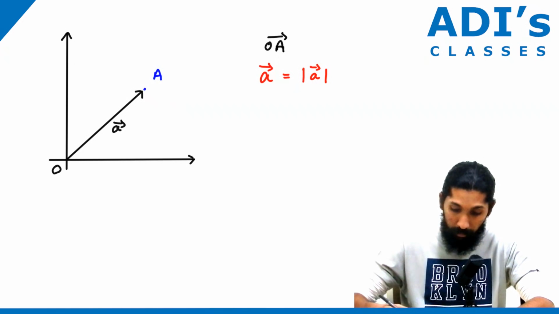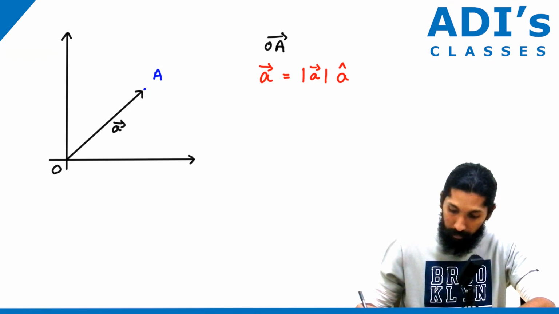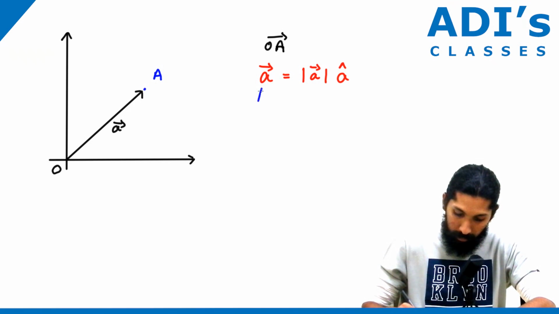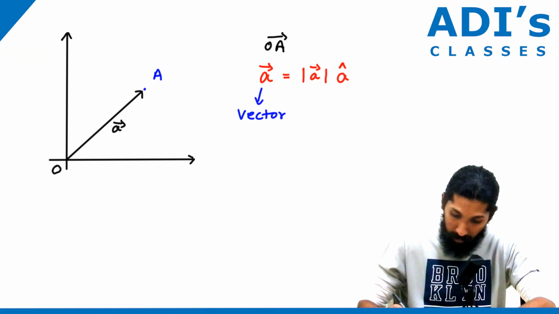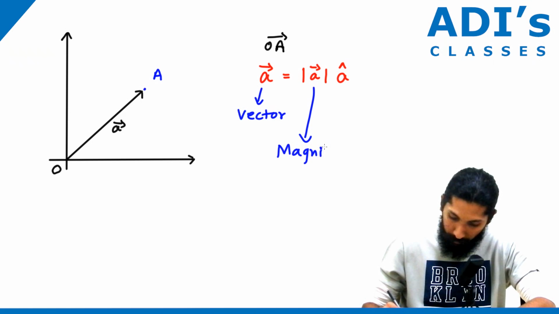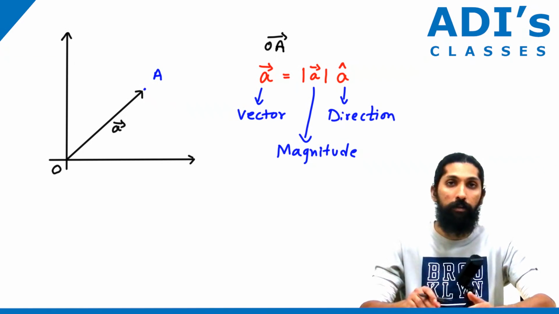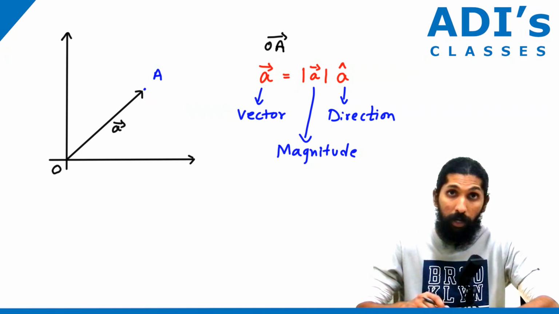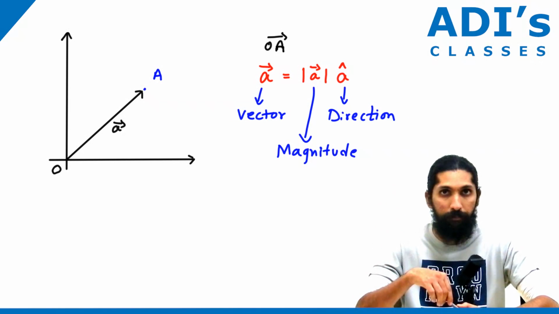And the direction is given by A cap. So this is the vector, this gives us the magnitude and this gives the direction. Every vector, doesn't matter what type of vector you have, has both magnitude as well as direction.